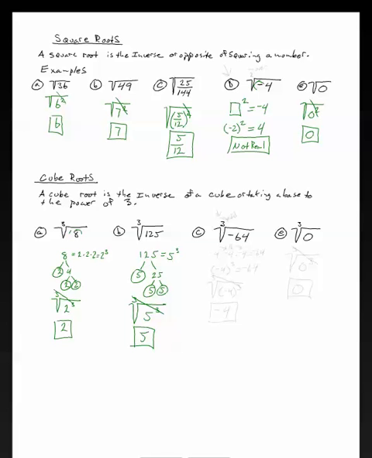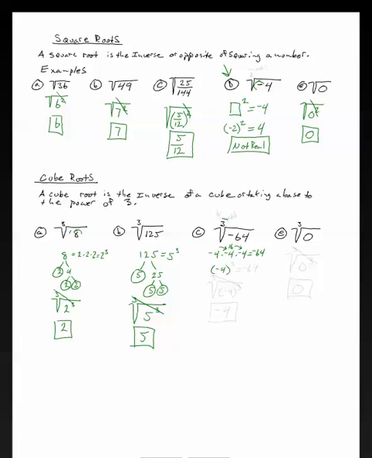Now, if we look back up to the top, in example D, we saw that you cannot take the square root of a negative number. Doesn't work. But with cube roots, if I think of negative 64, well, if I write negative 4 times negative 4 times negative 4, negative 4 times negative 4 is positive 16, and 16 times negative 4 is negative 64.